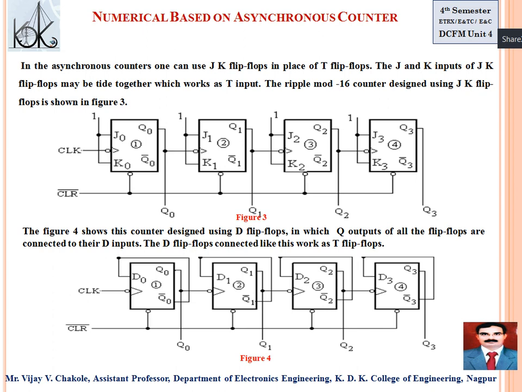And when J equals 1 and K equals 1, your output toggles. So I am considering the last combination, J equals 1 and K equals 1, where I get the toggling output. Right? So here J and K are tied to 1. This is the diagram using JK flip-flop.